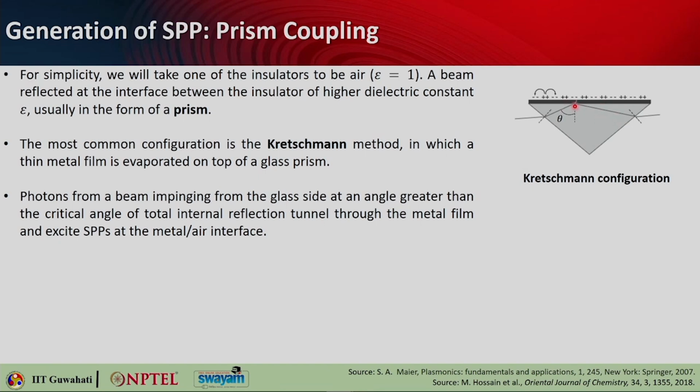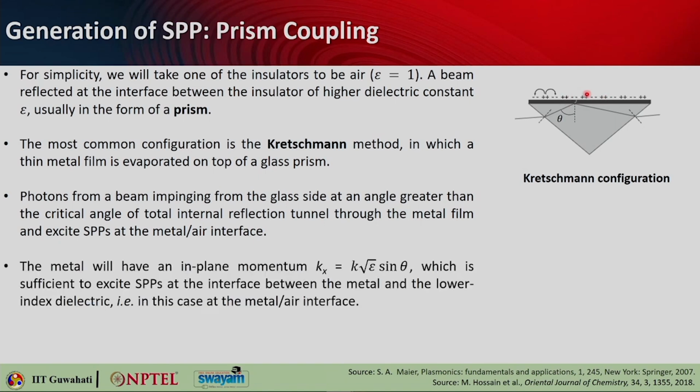Now, when there is total internal reflection happening, some part can actually tunnel through this thin metallic film, and it can excite surface plasmon polaritons on the metal air interface. Okay. So, it will be able to do that on the top side, that is on the air side.